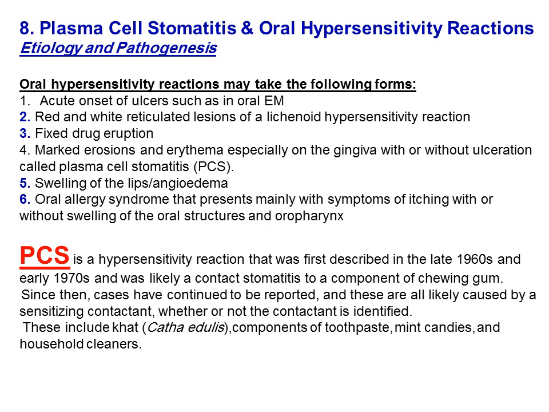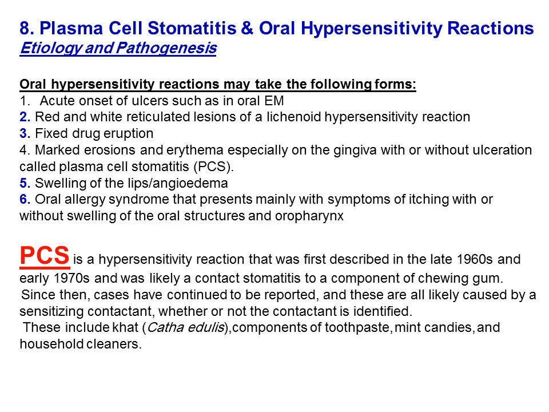First, acute onset of ulcer such as in erythema multiforme; second, red and white reticulated lesion of lichenoid hypersensitivity reaction; third, fixed drug eruption; fourth, marked erosion and erythema especially on the gingiva with or without ulceration, called plasma cell stomatitis; fifth, swelling of the lips, angioedema; and sixth, oral allergy syndrome that presents mainly with symptoms of itching with or without swelling of the oral structure and oropharynx.